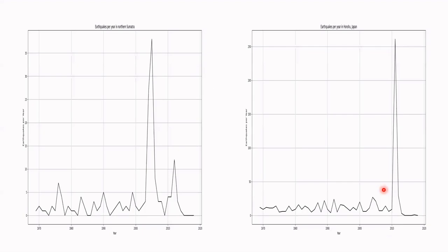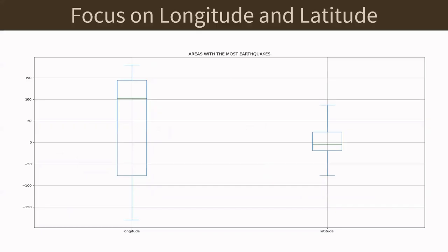The next thing we looked at is where these earthquakes happen in the world. We focused on the longitude and latitude. This chart shows us the realm where these earthquakes occur, with the lower and upper ridge and the latitude.